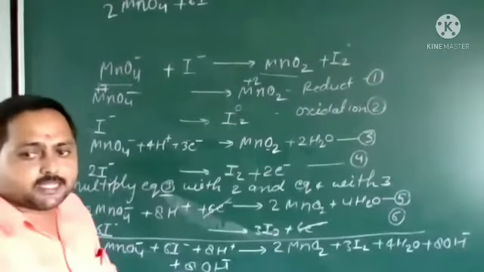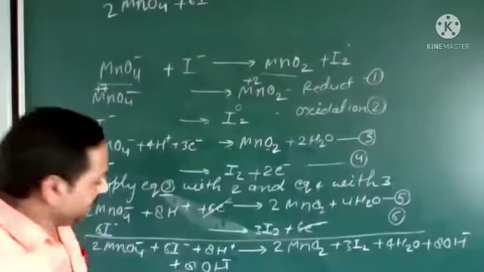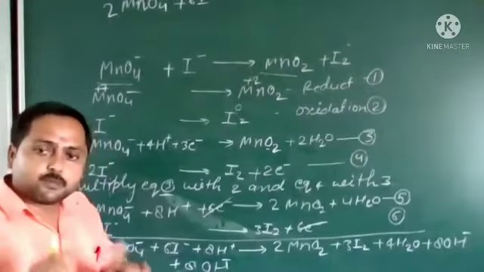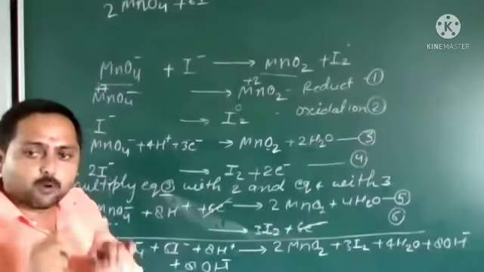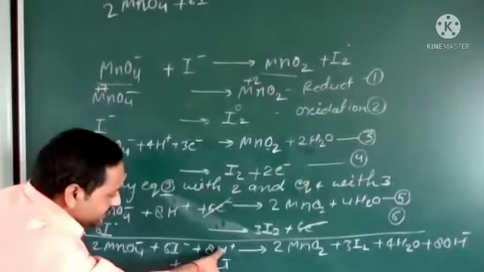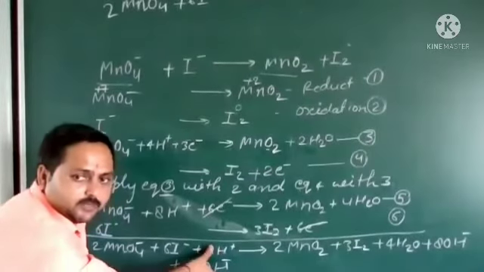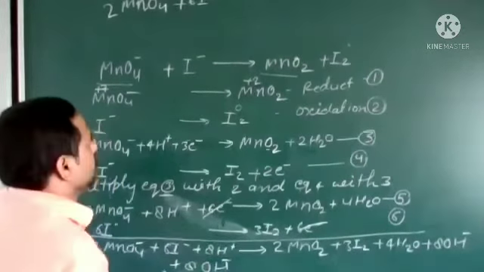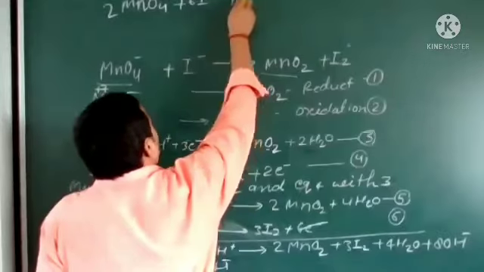We can write it as 8H2O, because H2O breaks into H plus and OH minus. So in place of this, we can write 8H2O.